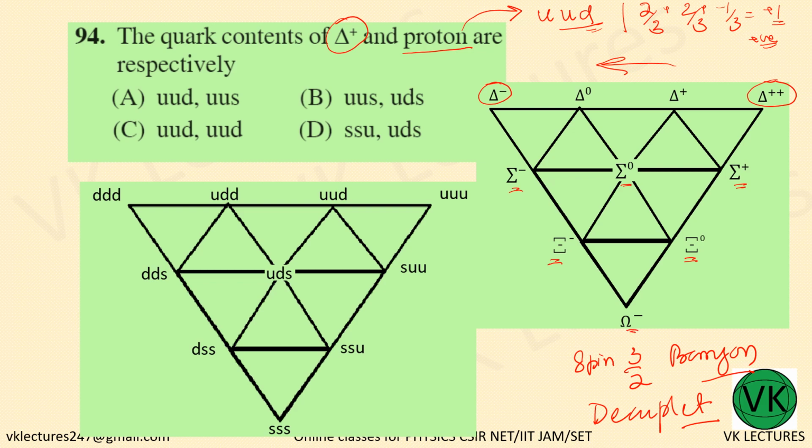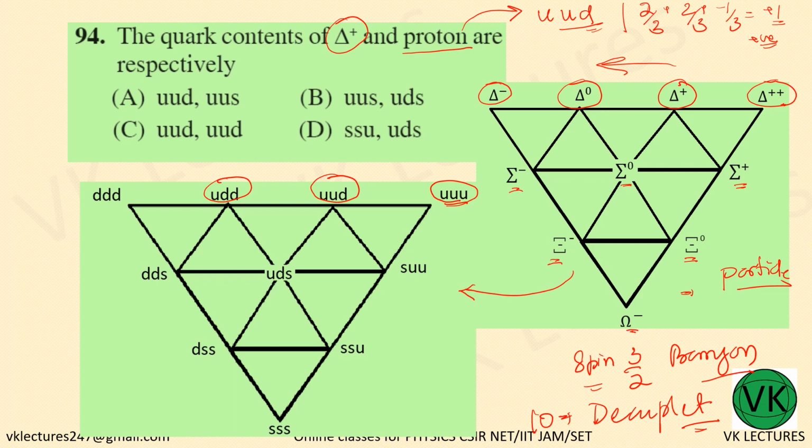The corresponding quark structure is given towards the left. It starts from triple U, that means delta double plus has UUU as the quark structure. Delta plus has UUD, delta naught UDD, and it goes on. So 10 particles are arranged in this decuplet with spin 3 by 2.